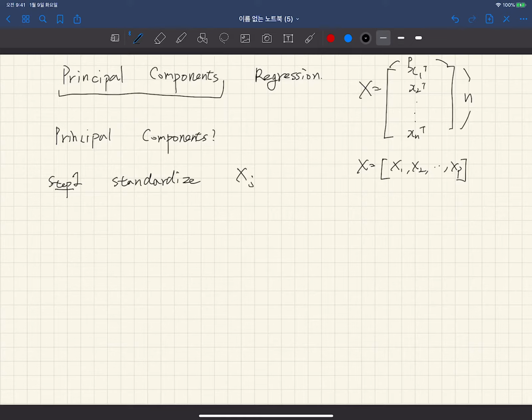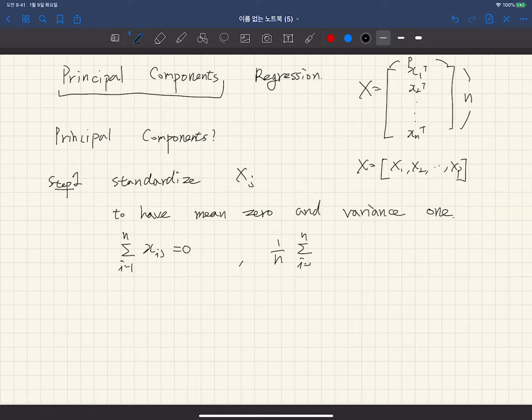Standardizing a column means making the column have mean 0 and variance 1, which means making the sum over i from 1 through n of xij equal to 0, and also making the sum of squares equal to 1. How to do that?